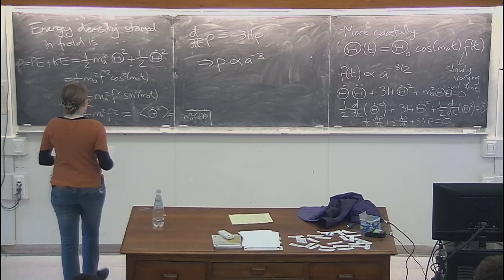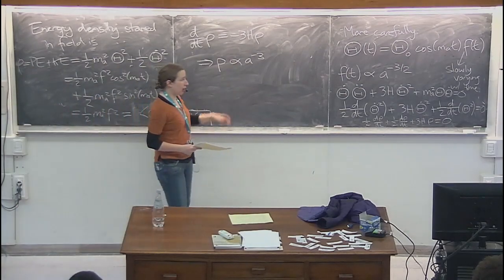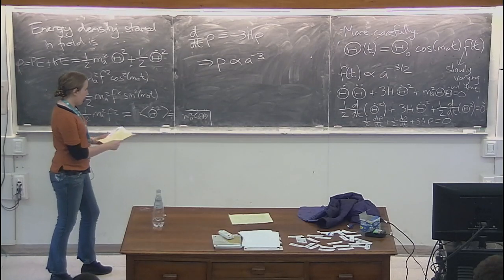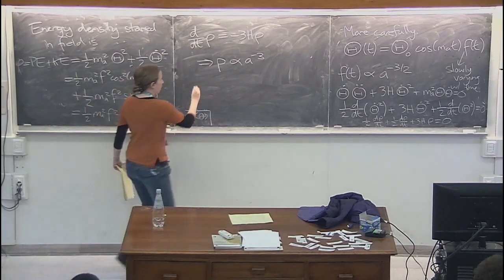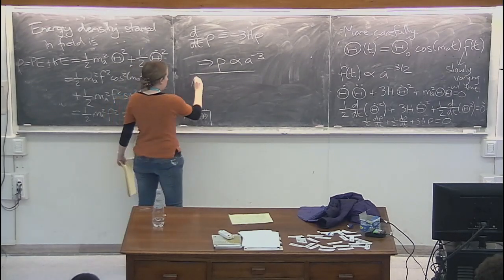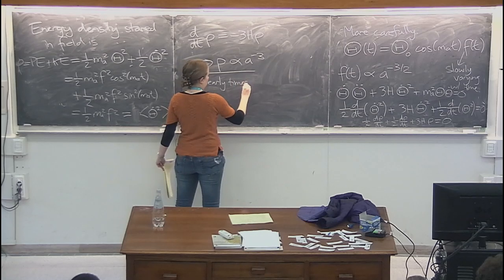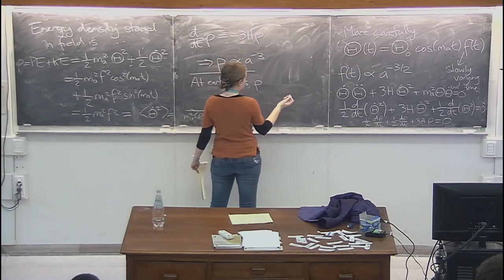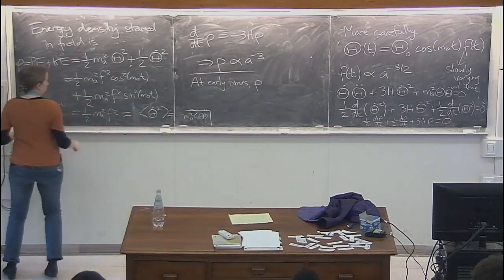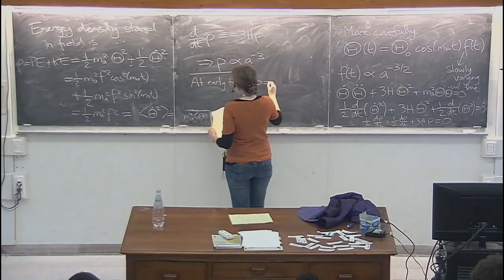Okay, so now we have a picture for how the energy density in this scalar field evolves. So at early times the field isn't rolling, we just have this result here, and we know that the field isn't changing. So at early times the energy density stored in this field is just constant.